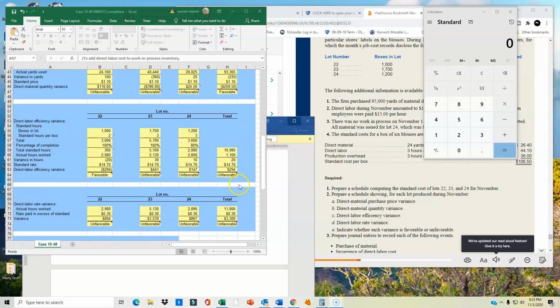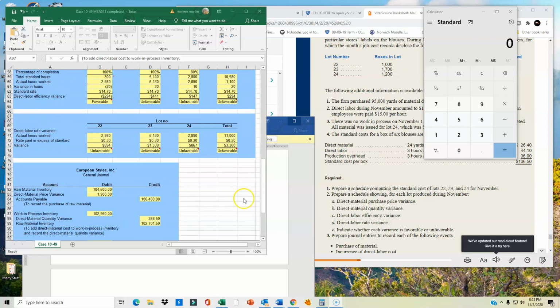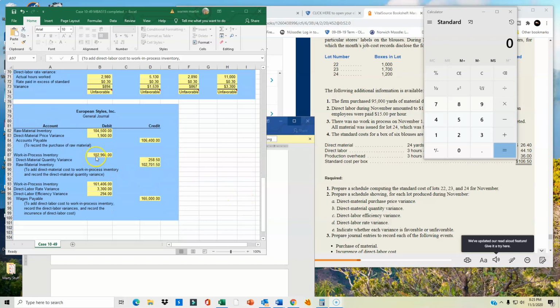And then we also had the variance in the labor of 3,300. Now, how do you know to get this? This is how it's done. You actually go into the textbook and presentations and see this format. But this is where you get the numbers from, because we're talking about the labor and the variance.